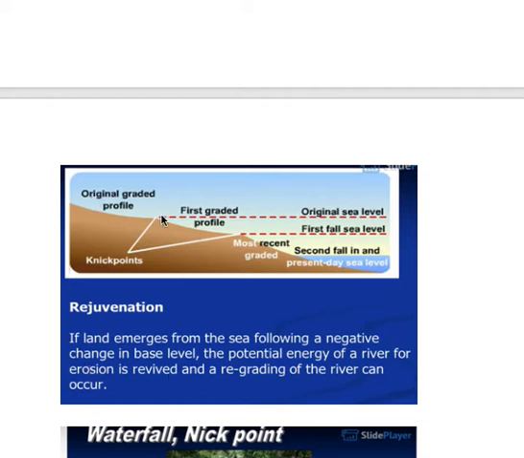Suppose the river was flowing here and merges in the sea here, but now this base level has decreased to this layer, so the potential energy of the river will increase and regrading of the river can occur. That's why this point will be called a knickpoint.